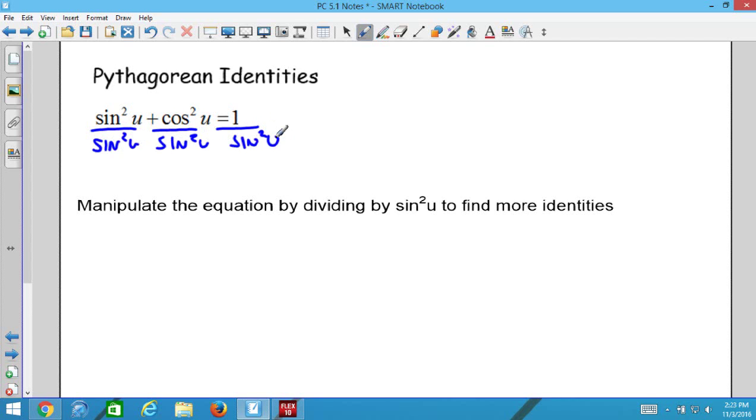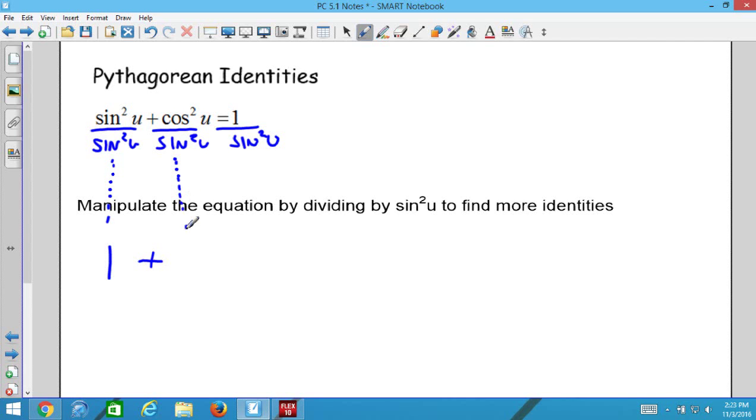So if I divide everything by sine squared u, I now have a different identity. We just got to simplify some stuff. What is sine squared u divided by sine squared u? 1 plus cosine squared u divided by sine squared u.